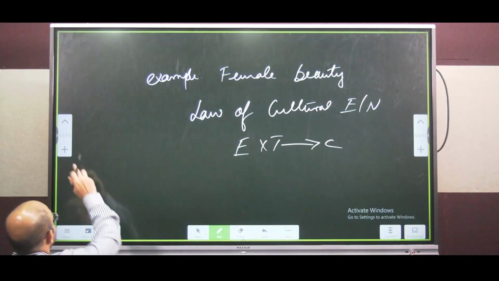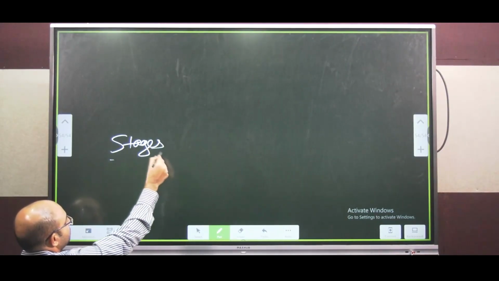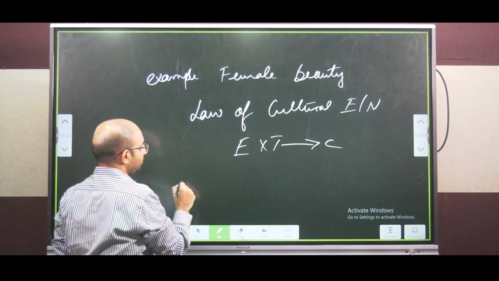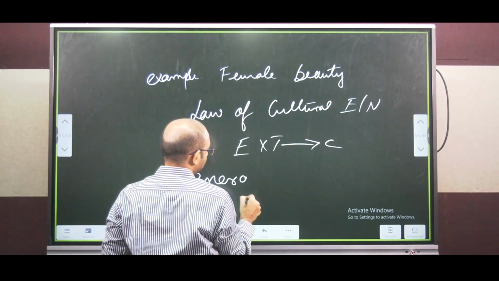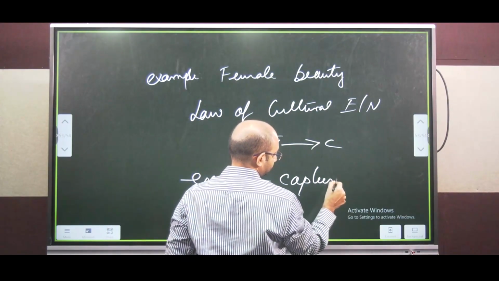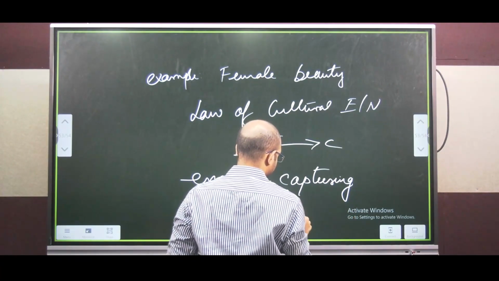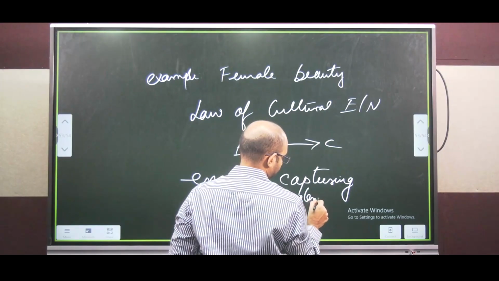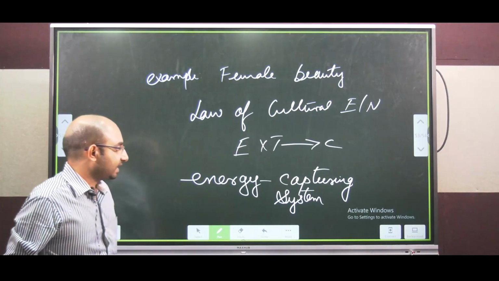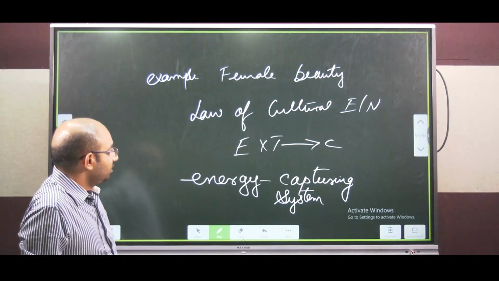And then discuss his stages. He gives stages. So he's saying that culture evolves. Culture is, according to him, an energy capturing system, and culture evolves as the amount of energy captured increases.